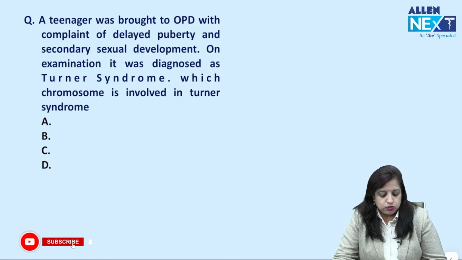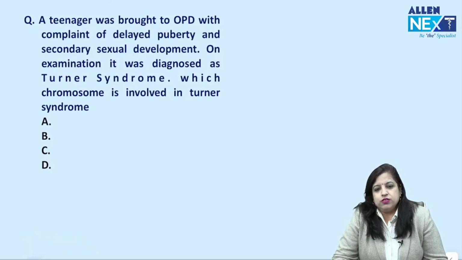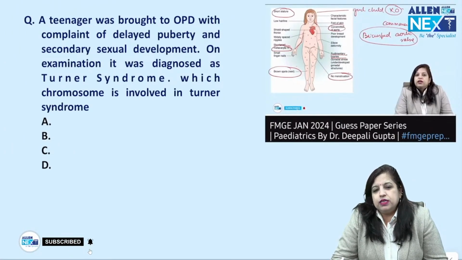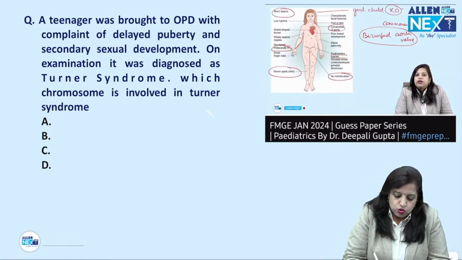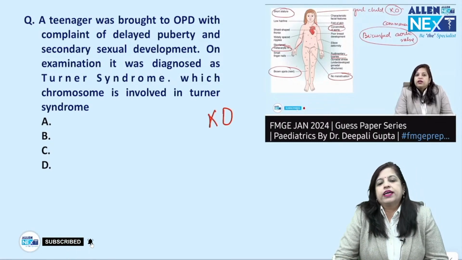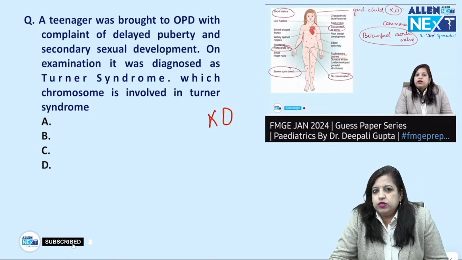On examination, it was diagnosed as Turner syndrome. Which chromosome is involved in Turner syndrome? This was very nicely discussed with you in the Guess the Paper series, which we had done last month. And here we all know that it is the XO chromosome. There is deletion of one X chromosome, and the genotype is XO, and that is responsible for Turner syndrome.